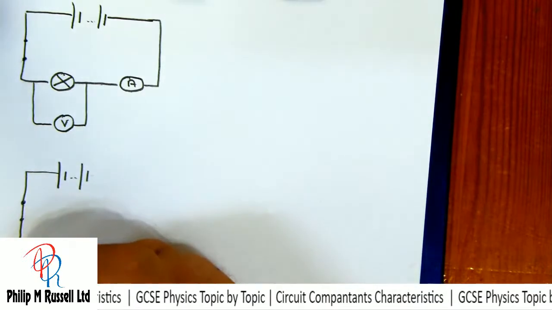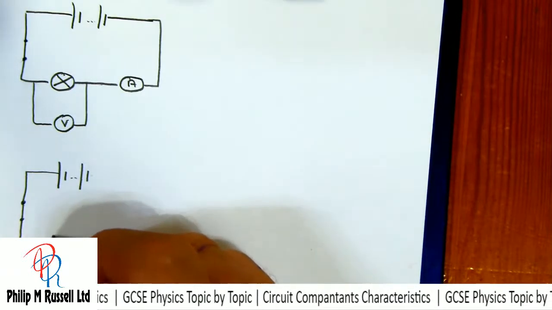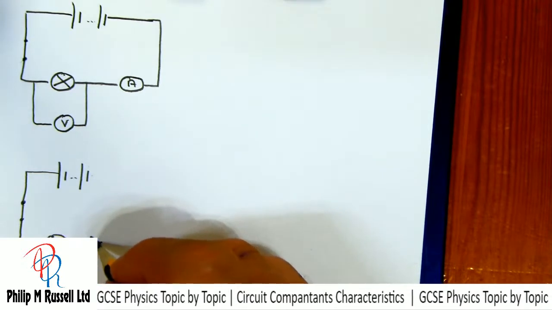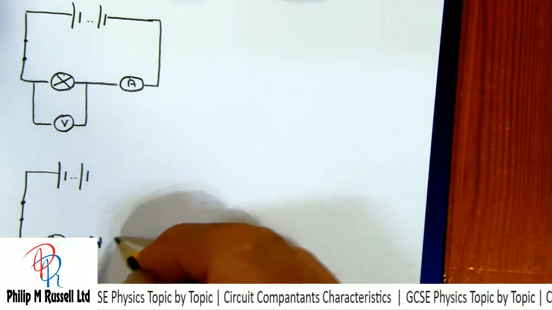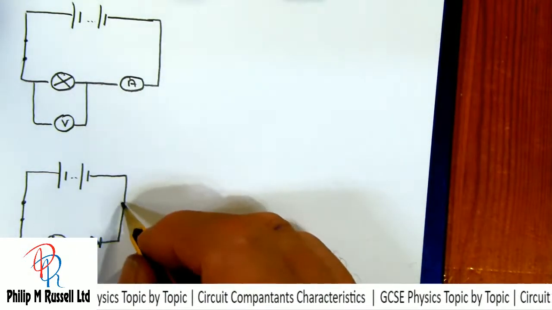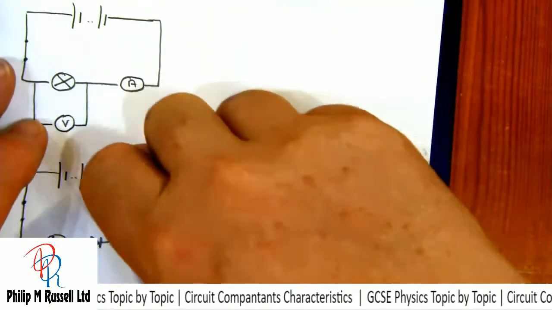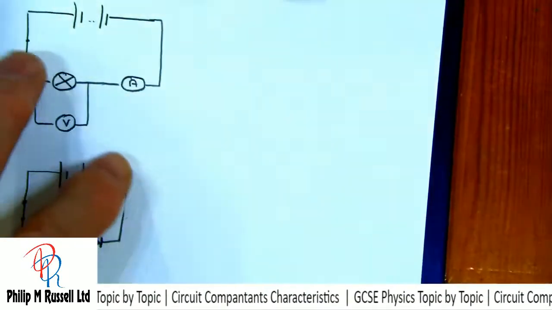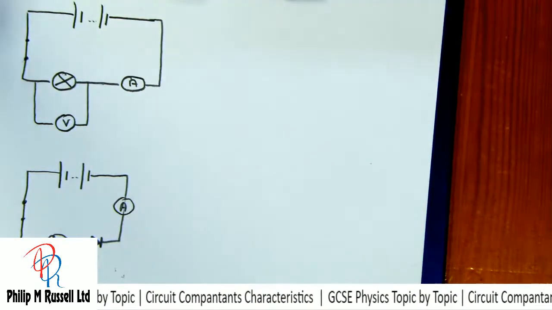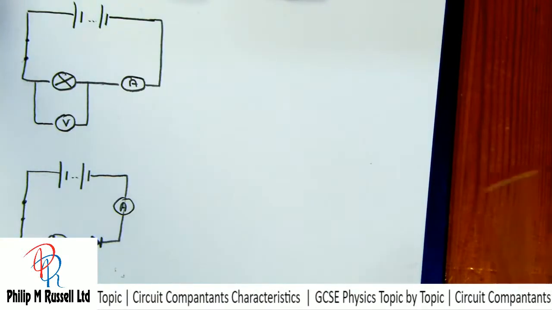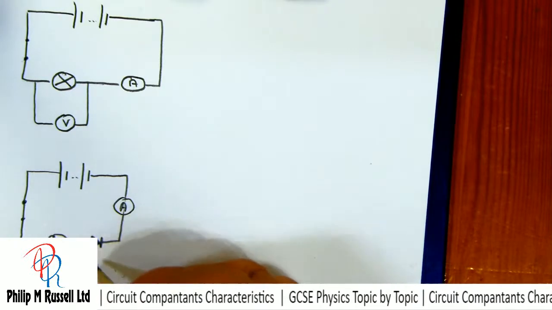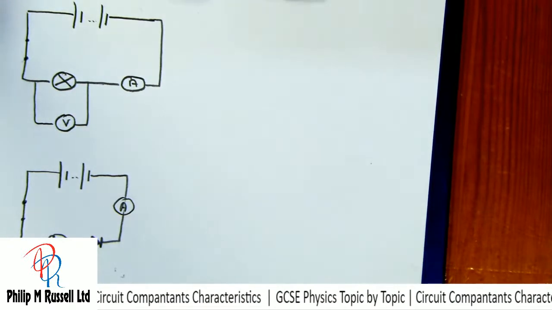It goes from the switch to a bulb, and from the bulb to a diode, and the diode back. Here we can also put in an ammeter if we wish, and there's my circuit. If I want to, I can put the voltmeter across either the bulb or the diode.